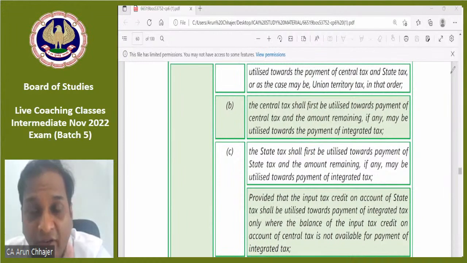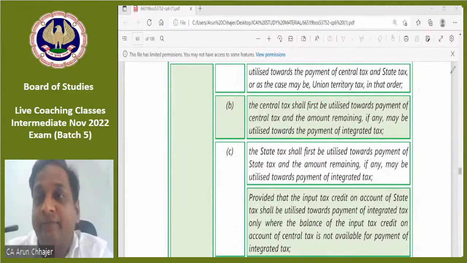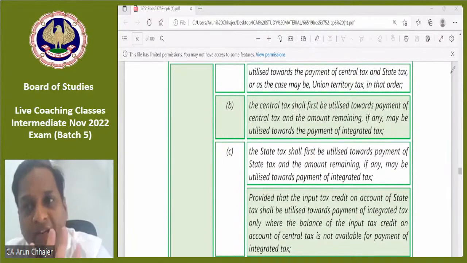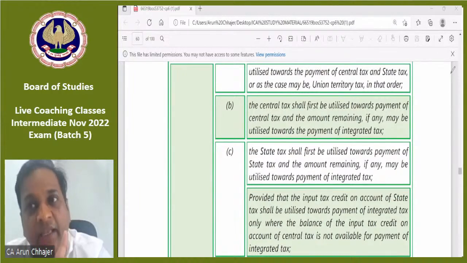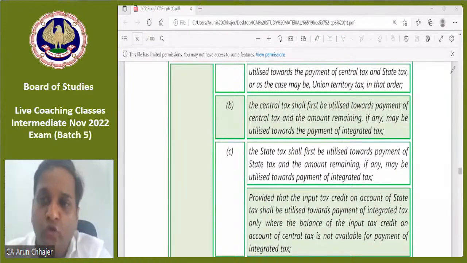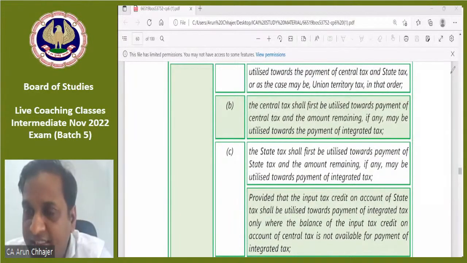Now I am adding one word, the C and S, any order, any manner. Where it is written, we'll wait for some time; I will explain the rules also. If CGST has ITC, it will go first to the CGST tax liability, and the amount remaining will go to the IGST. Will the CGST give the amount to the SGST tax liability? The answer is no.